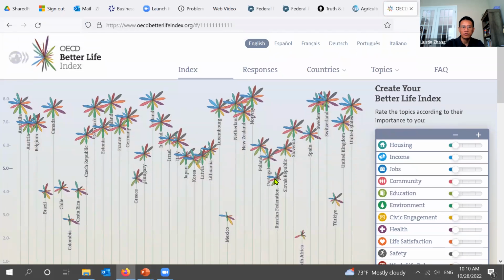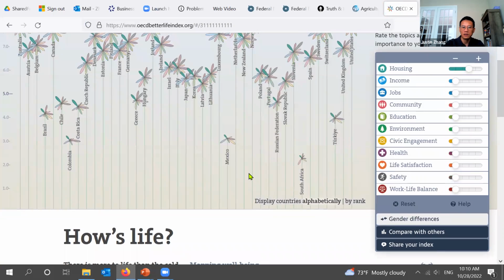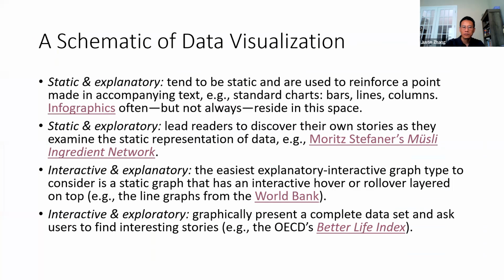So this is from the OECD Better Life Index. You can see it has lots of tools that you can use to personalize this data visualization to discover your own story. So this is the basic way to categorize data visualization based on these two dimensions: static versus interactive, exploratory versus explanatory.